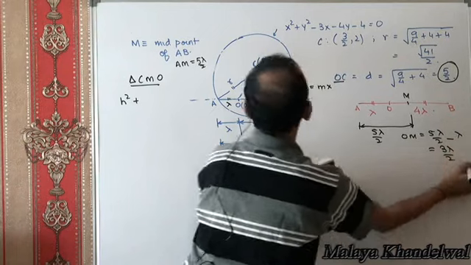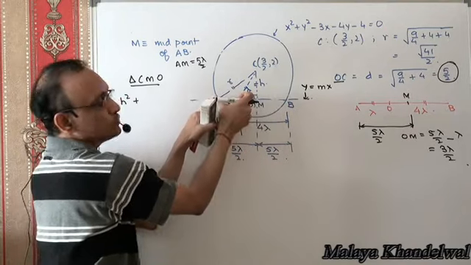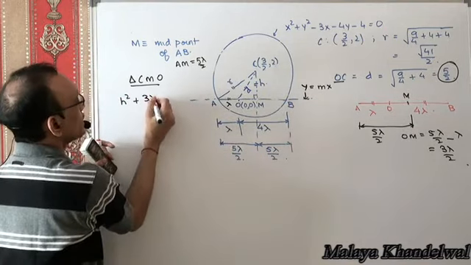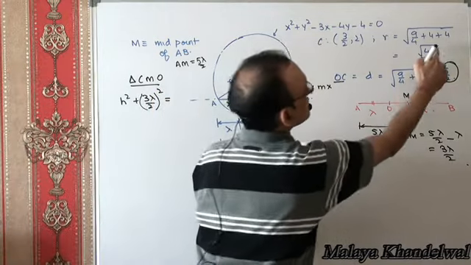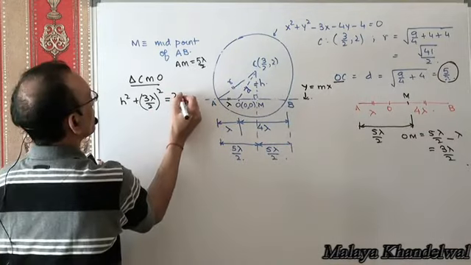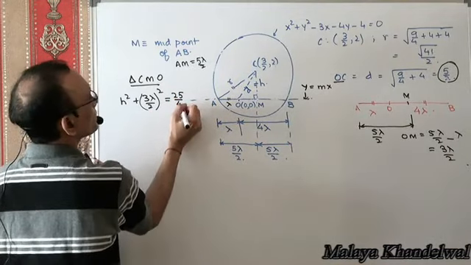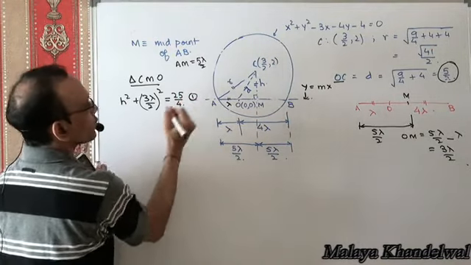So h² + OM², where OM is 3 lambda by 2, whole squared, equals OC squared. OC squared is, no sorry, 25 by 4. That's my equation 1.